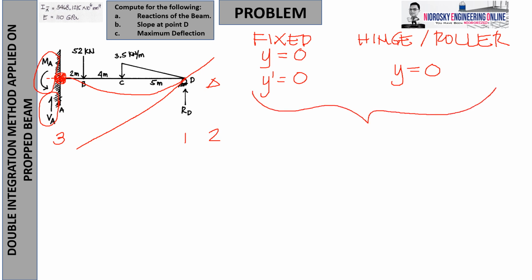So this is one of our templates of analysis here. By default, walang binigay, the supports are non-yielding, not moving in short. So we have to carry this idea whenever we have a fixed support.